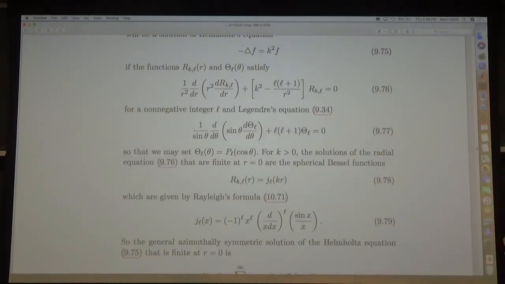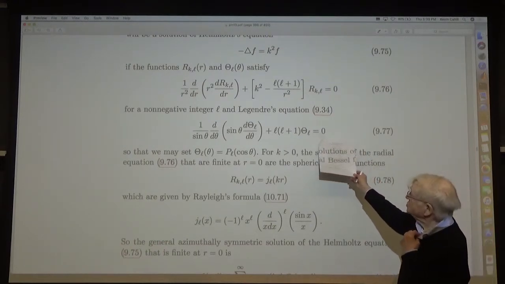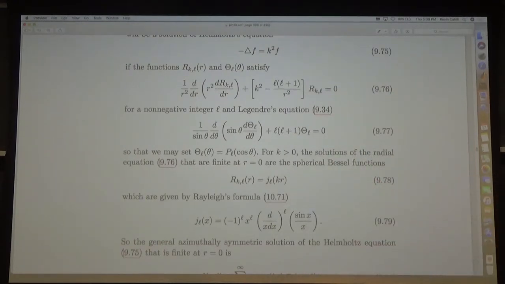So that's the equation for R, and the one for Theta is Legendre's equation.